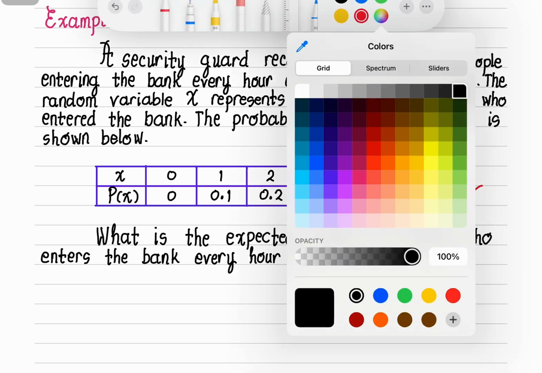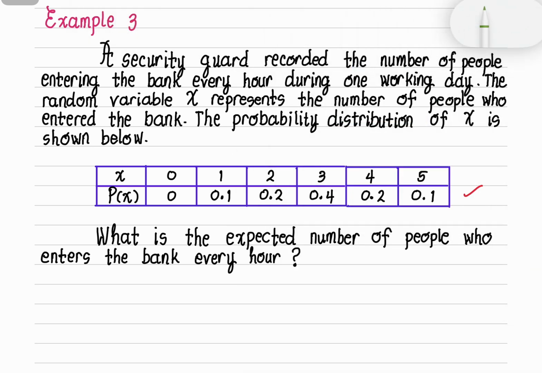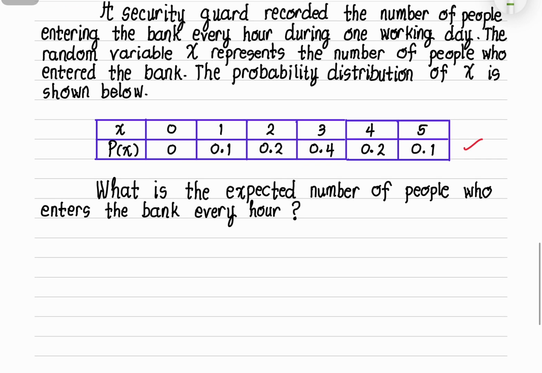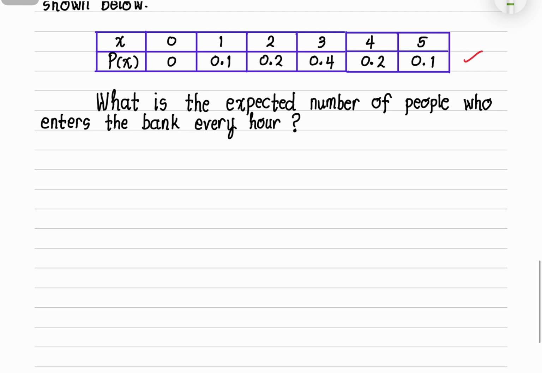Okay. So ayusin natin yung table. So we have x. Under x, we have 0, 1, 2, 3, 4, 5. So, under our random variable x, we have 0 up to 5.